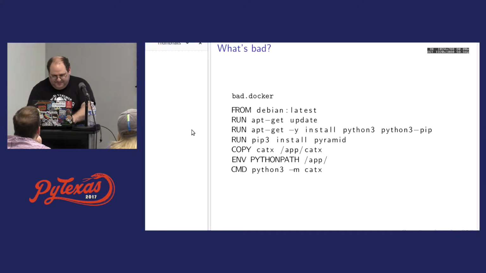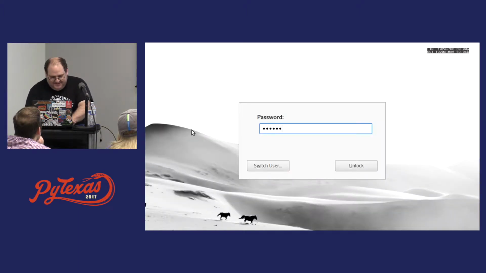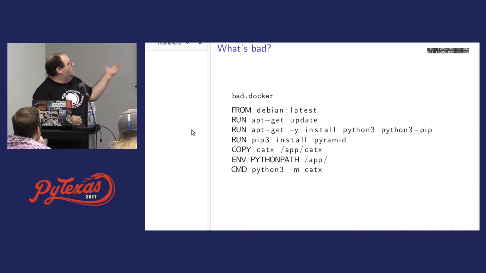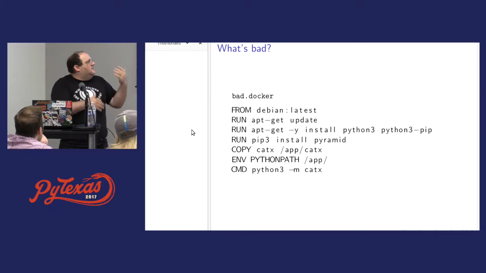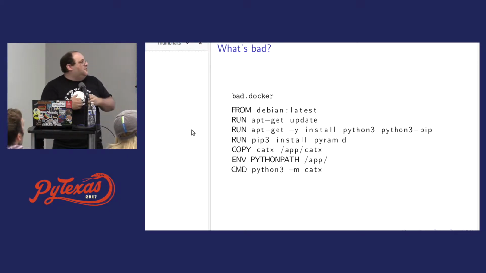Then you copy your Python code. As I said, copy is the main command that you use to copy things that you already have into your Docker image. So you copy the Python code. Then you set the Python path so that you'll find the Python code.